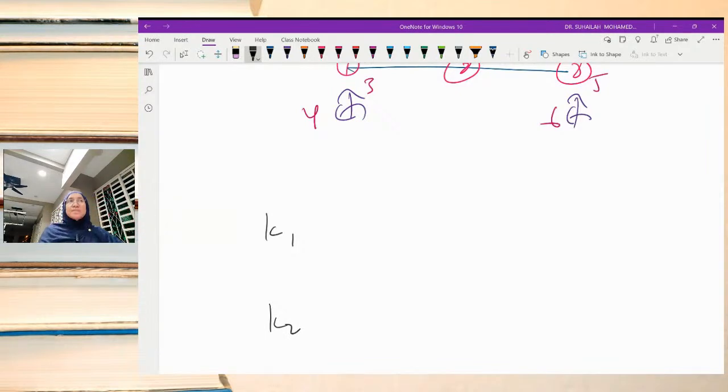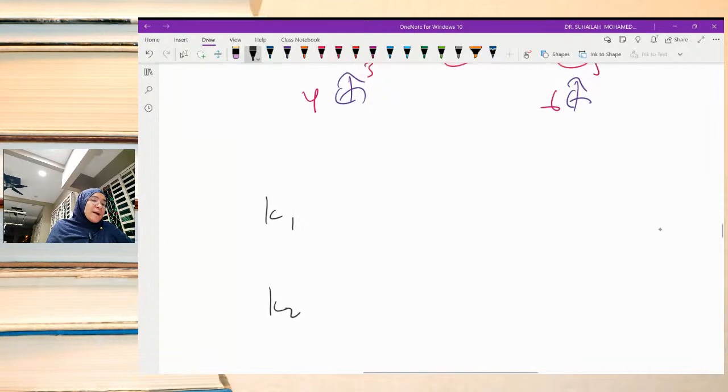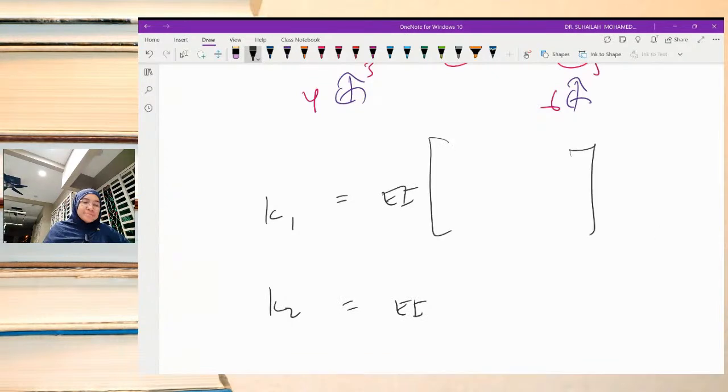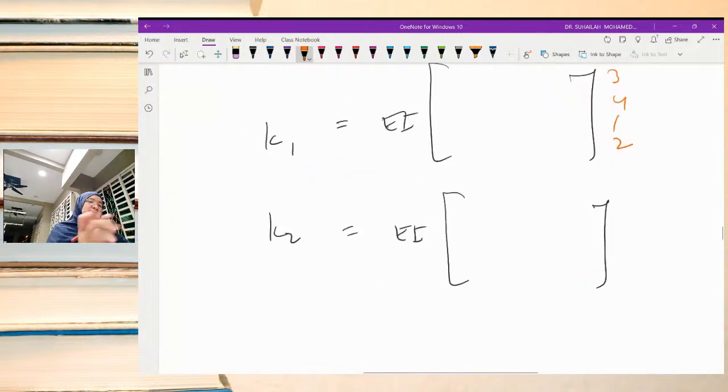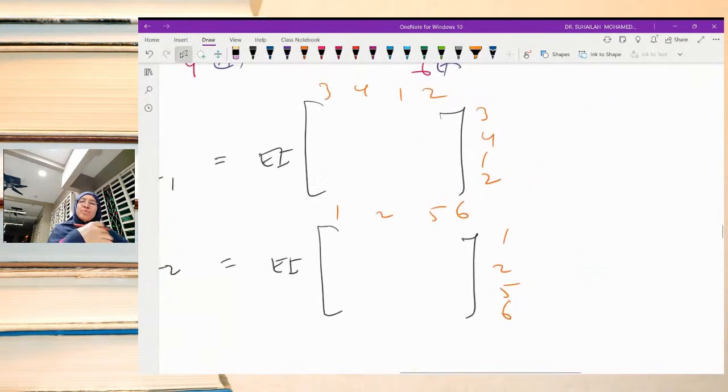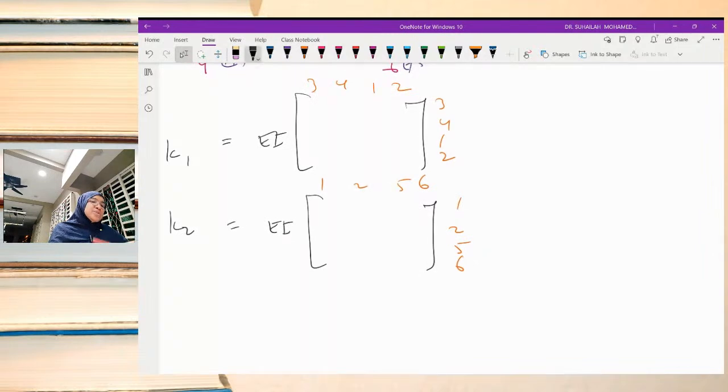K1 and K2 for the beam are 4 by 4 matrices in terms of EI and length. We label them 3, 4, 1, 2 for the first, and 1, 2, 5, 6 for the second. This labelling we will also use for the Q1 node and Q2 node.